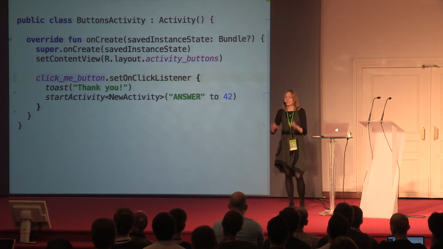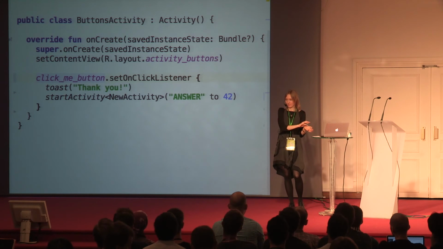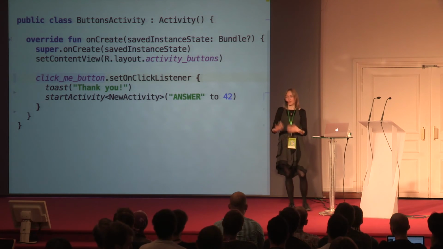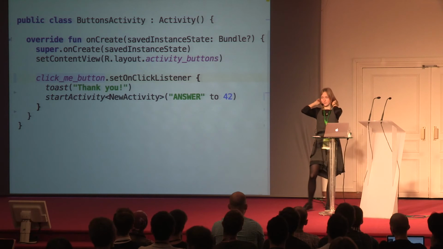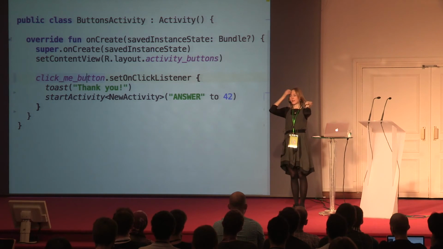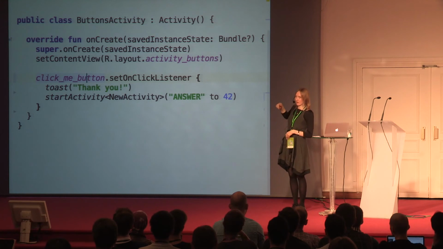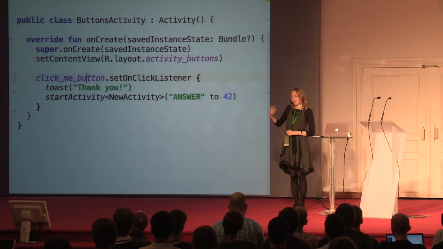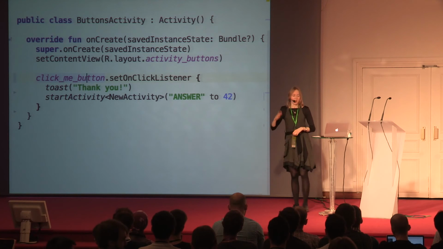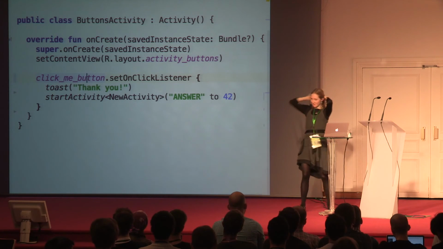This is declared as an extension property to an activity. We resolve it this way. And what this extension property means is that the code I showed you on the previous slide was generated. Please ask me after the talk.